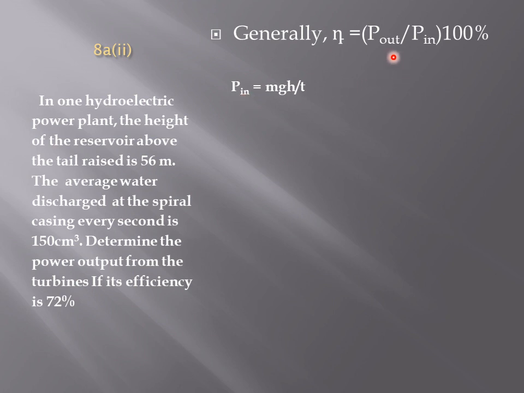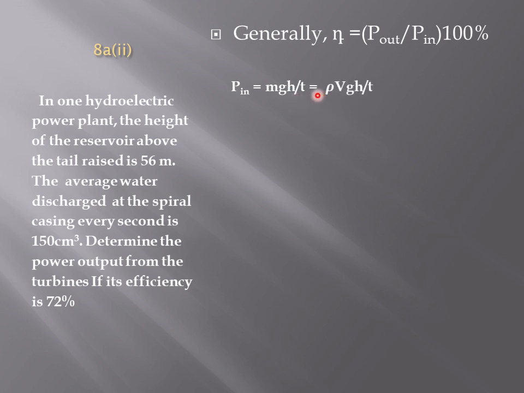Why? Because we are asked to calculate power output. So we have been given the efficiency, so we need to work out the power input from the question. All the parameters have been given for us to be able to work out the power input. We have mgh on time is going to give us the power input.